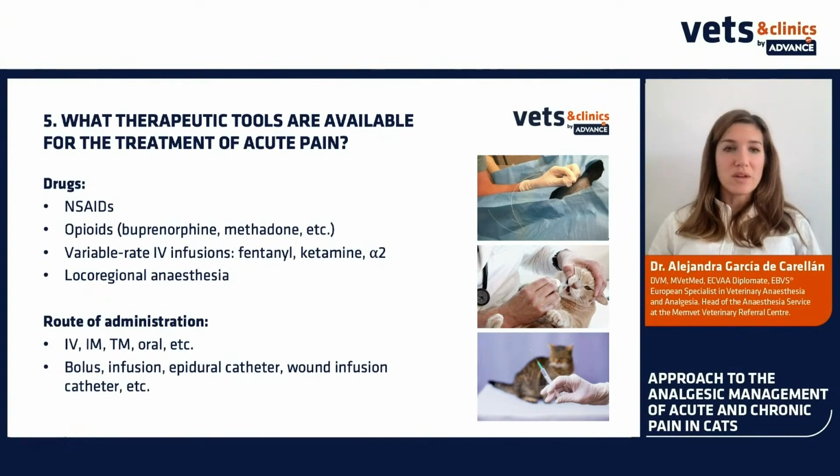Then routes of administration, we have different routes. We have, of course, intravenous, intramuscular, transmucosal in cats works really well, oral, and then we have different manners of administrating a drug: bolus, infusion, epidural or wound catheters, etc. So for acute pain, we have lots of tools of drugs and routes of administration.